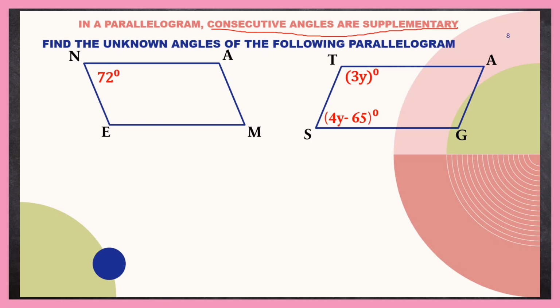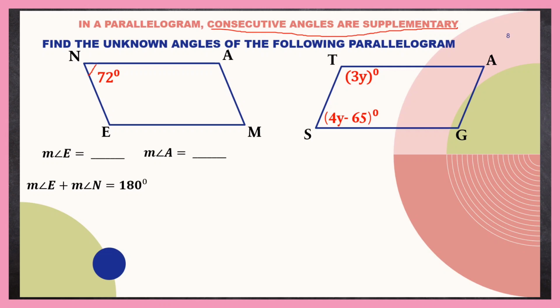Okay, so we have here given angle N, which is 72 degrees. Let us find the measure of angle E and the measure of angle A. As you can see, when we say supplementary, the two angle measures add to 180 degrees.